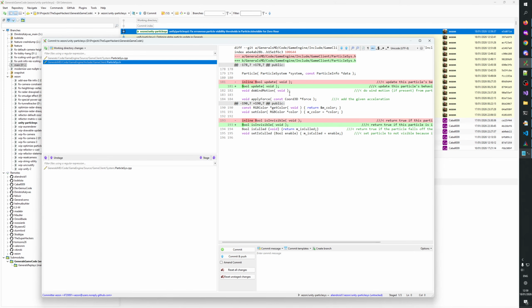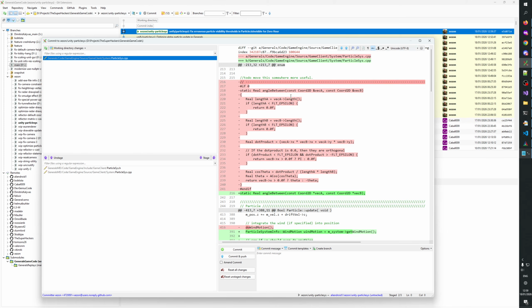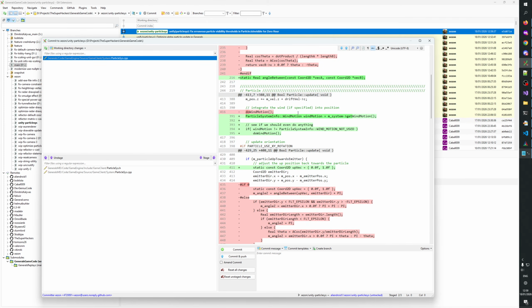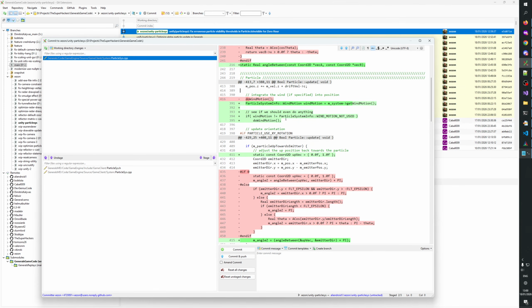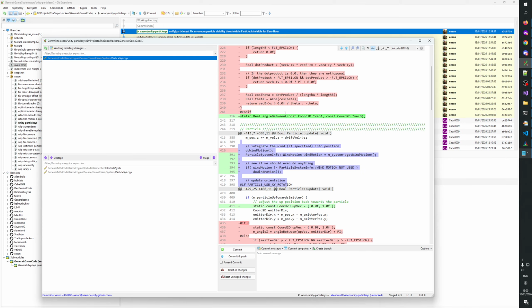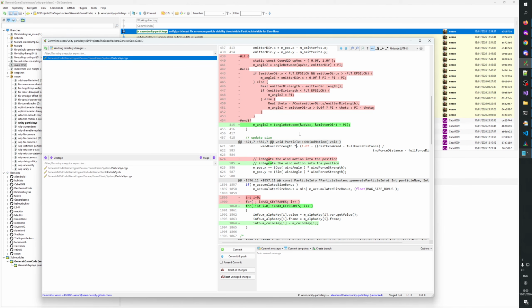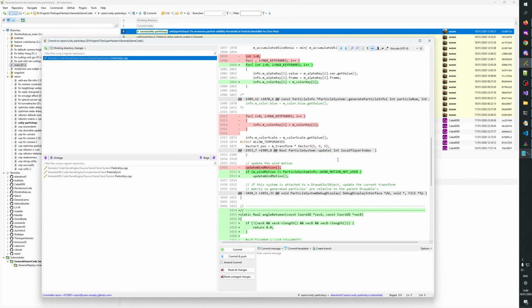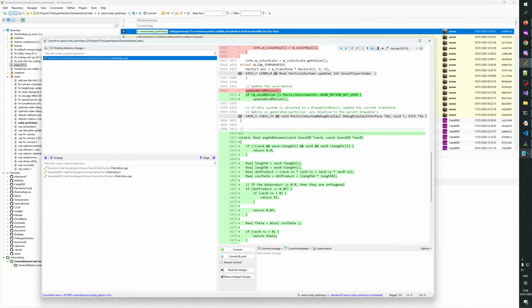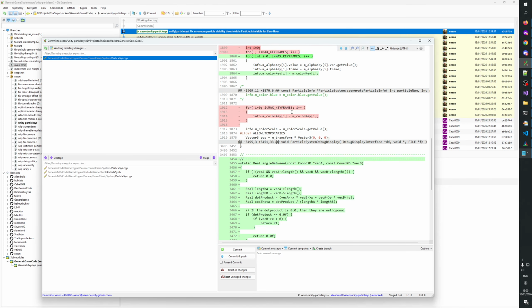Then we take this, and then we take this. I don't know what, if anything, changed here regarding the wind motion thing. I don't think so. Update wind motion.